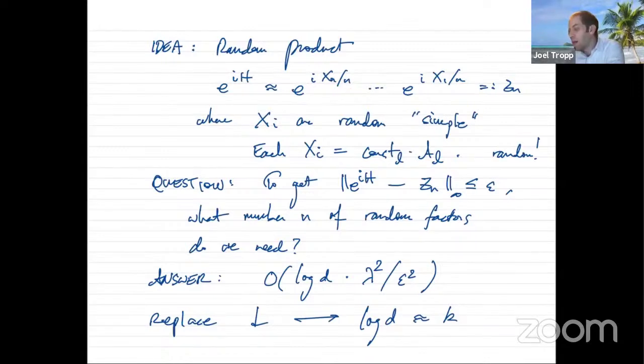You multiply those together to approximate the big unitary e to the iH that we're trying to approximate. But there's not an initialization here. The decomposition of H into a sum of simple Hamiltonians is problem data that someone needs to give you.